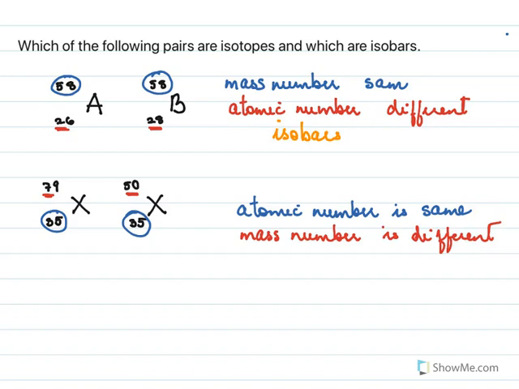And this is the definition of isotopes. So X and, oh this is Y, this should be written as Y here. Isotopes are X and Y, and isobars are A and B.